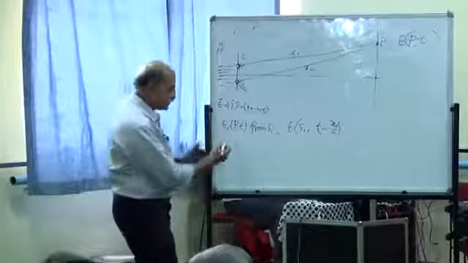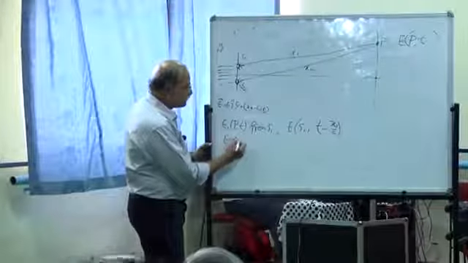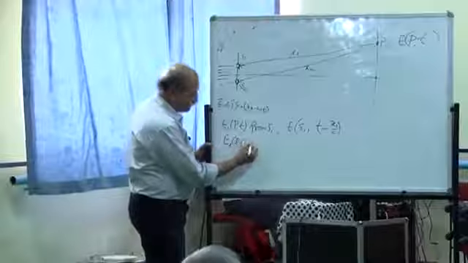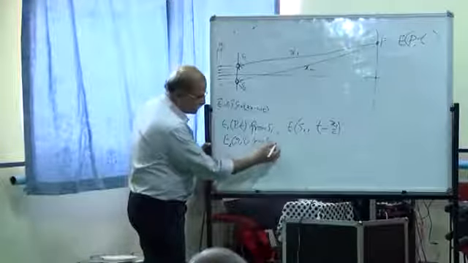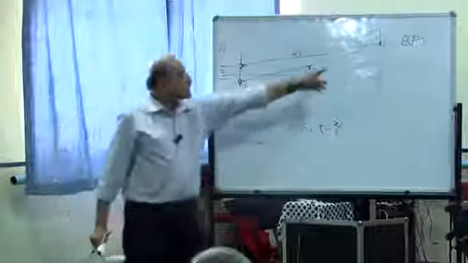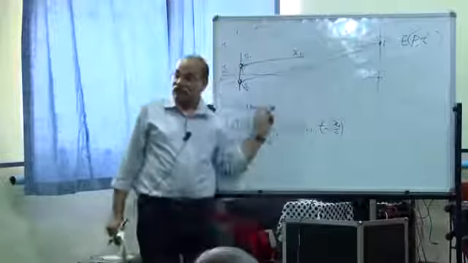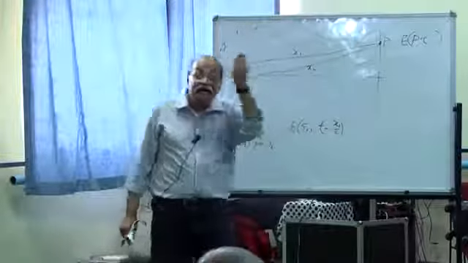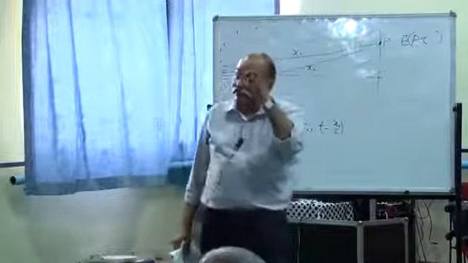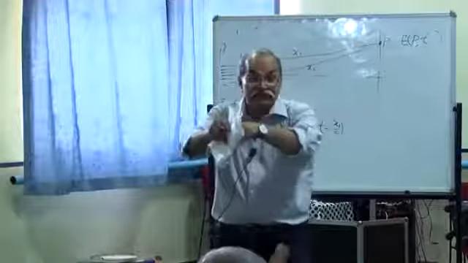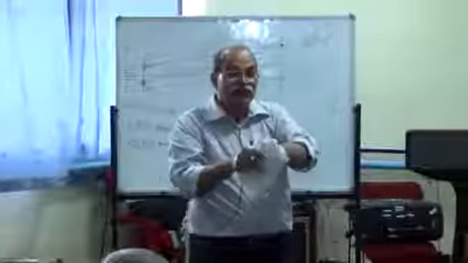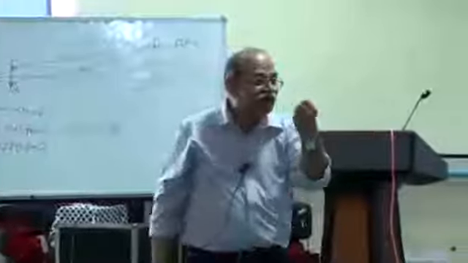And similarly, E2 at P at time t from S2, the electric field reaching P, starting from S2. I must take the electric field at the same instant I want to add. At P I want to see the resultant electric field. So at time t, what is the electric field coming from S1?